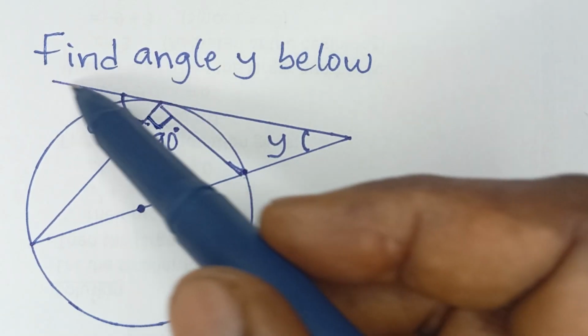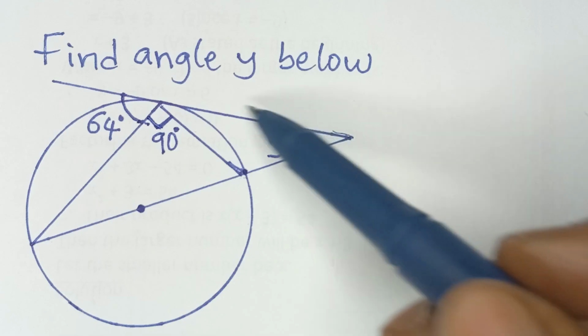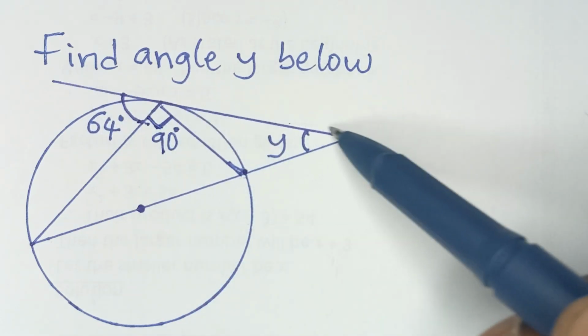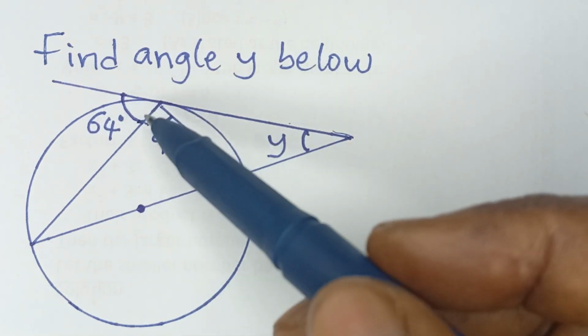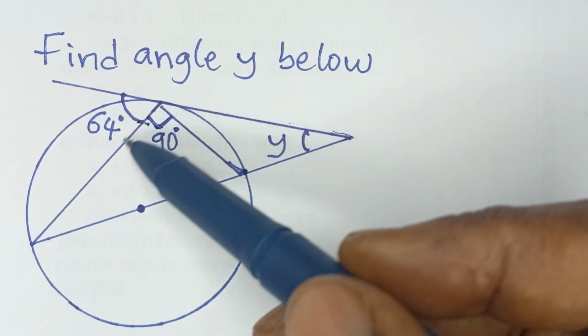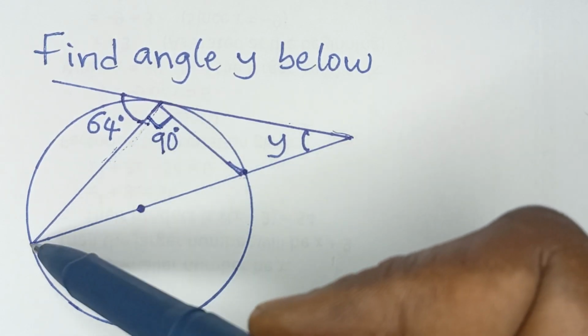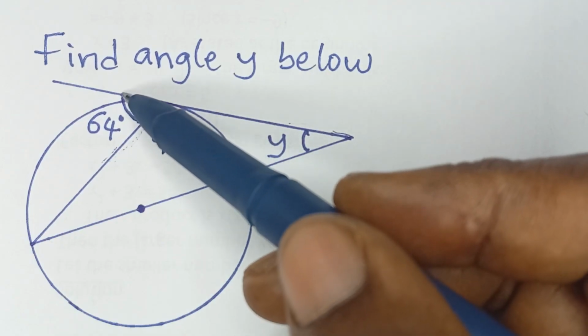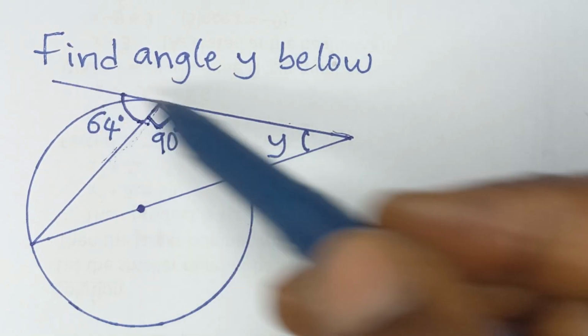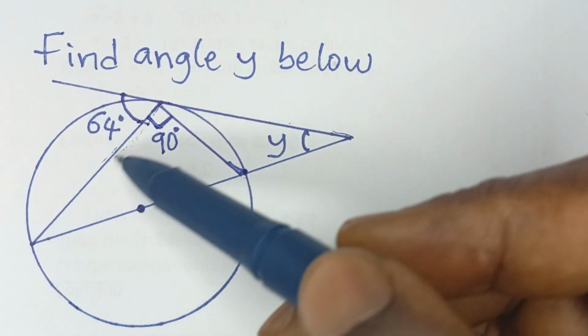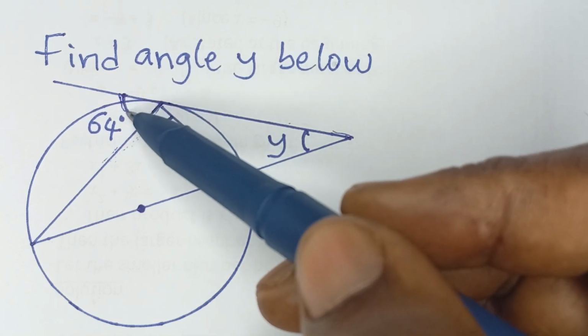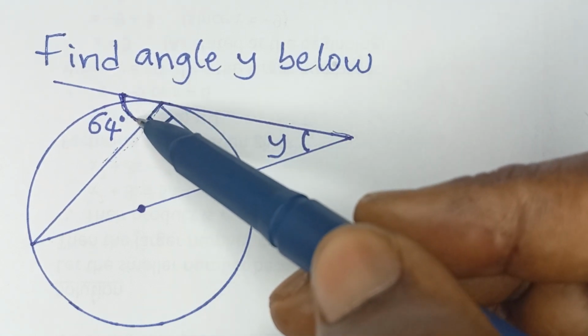Now this is a tangent. A tangent is an external line that touches a circle. So this line here is a tangent. So this is a chord of the circle. This chord makes angle 64 with this tangent. So this tangent line and this chord of the circle together make this angle 64 degrees.